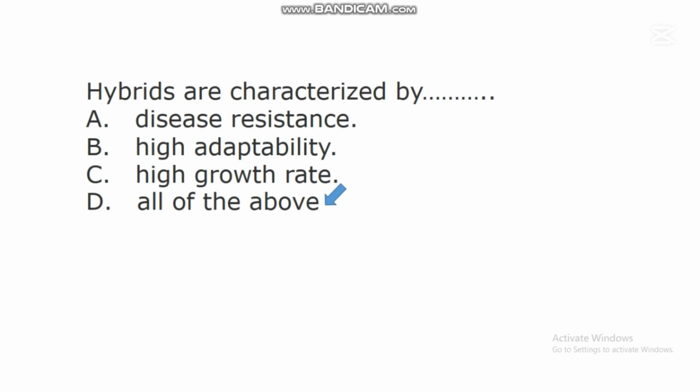Studies have shown that hybrid organisms are highly resistant to a lot of diseases. They can survive very well in the environment, and these hybrids have high growth rates in their environment, so they grow better or faster.